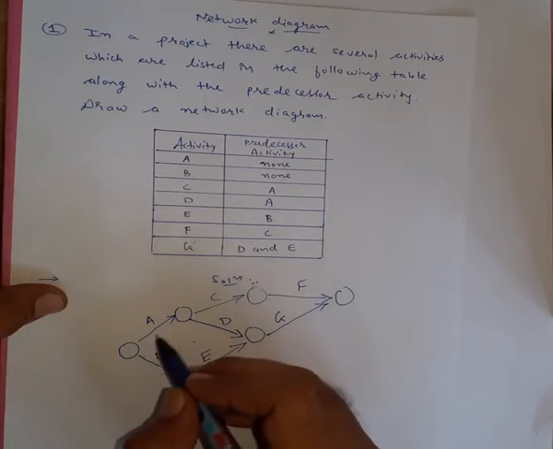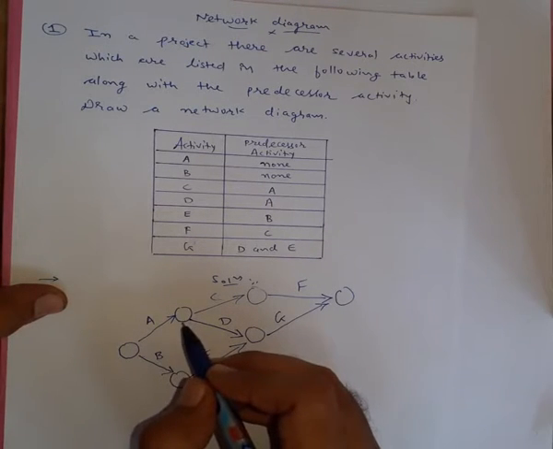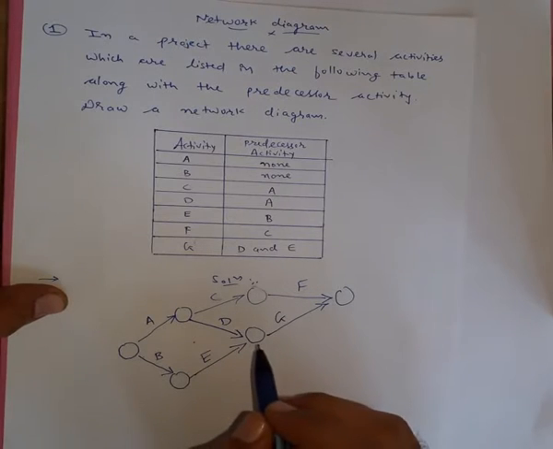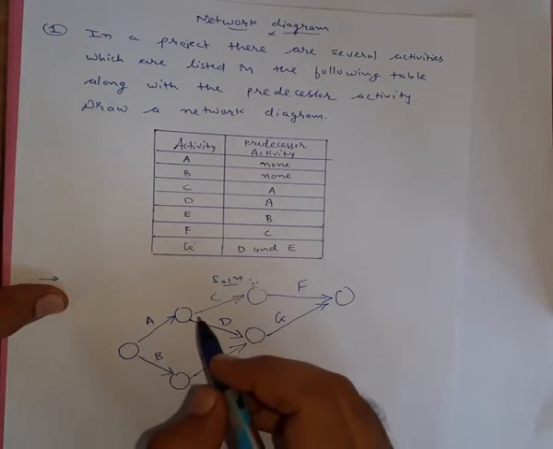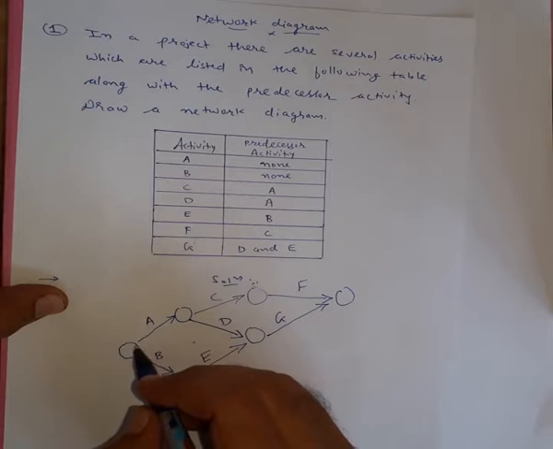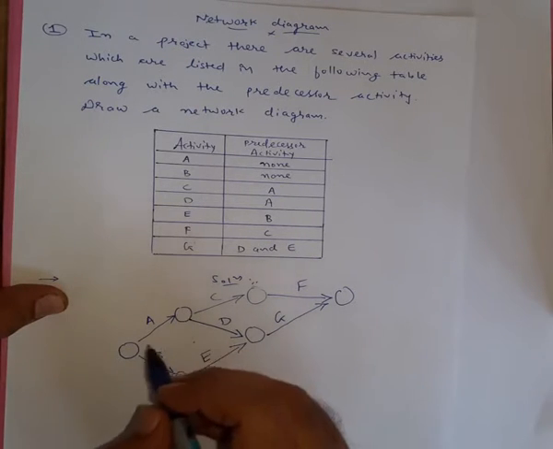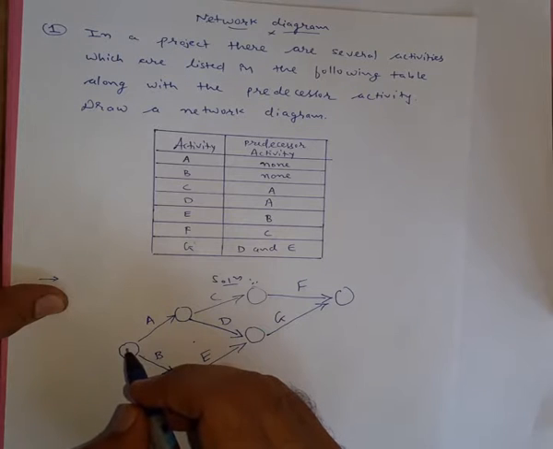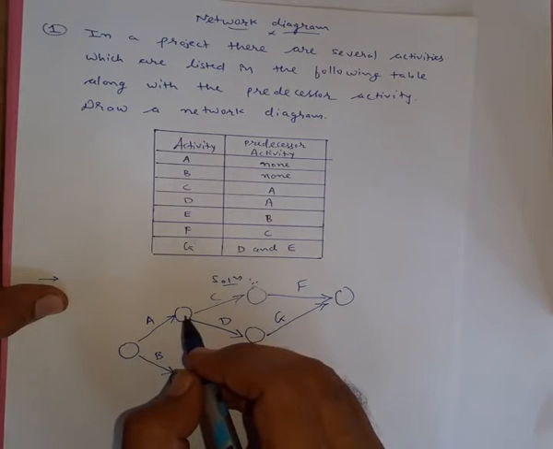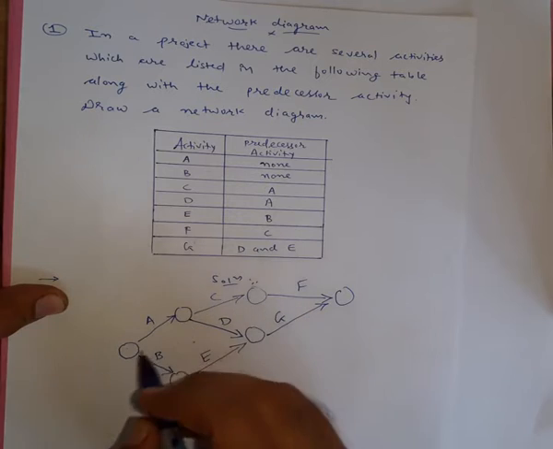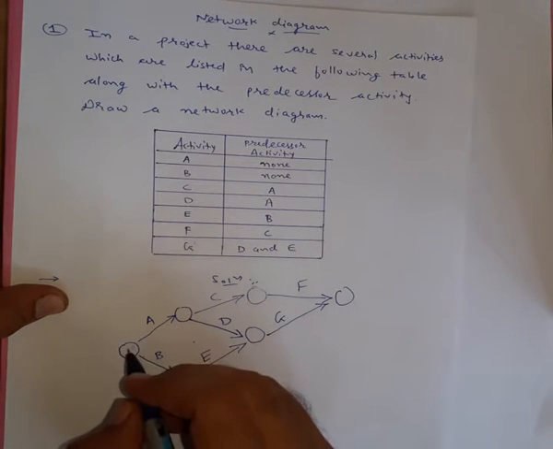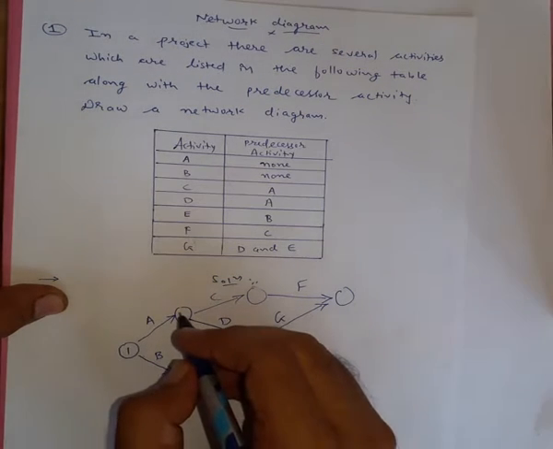So for activity A, right now I am discussing activity A, this is the tail of this activity, and the arrow, that is called the head. So the tail will always have the lower number as compared to the head of the activity. This is tail and this is head. So tail will have the lowest number and head will always have the highest number.